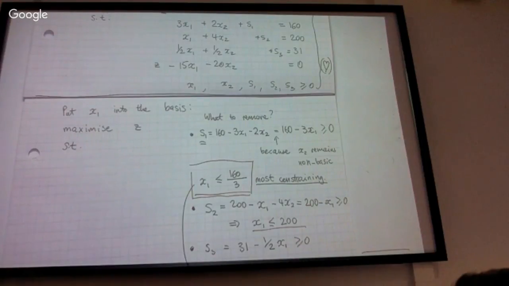Now this 200 is this 200 divided by this 1, and here we did 31 divided by 1/2, so we got 62, which doesn't show, but it is there.